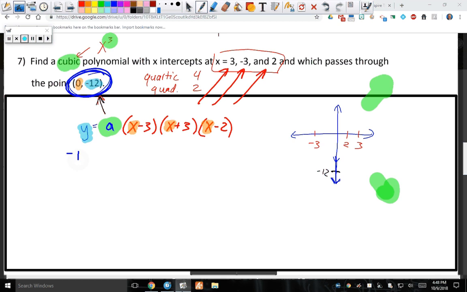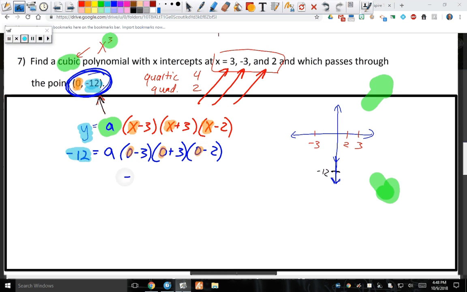So we have negative 12, we have a, then we have 0 minus 3, 0 plus 3, 0 minus 2. Again, we're plugging in these values that we were given for x's, and then plugging in this negative 12 for y.